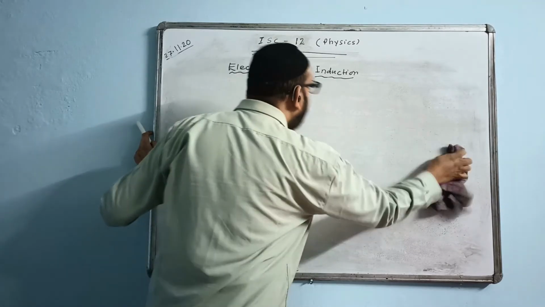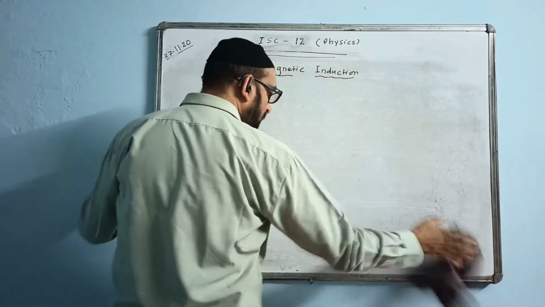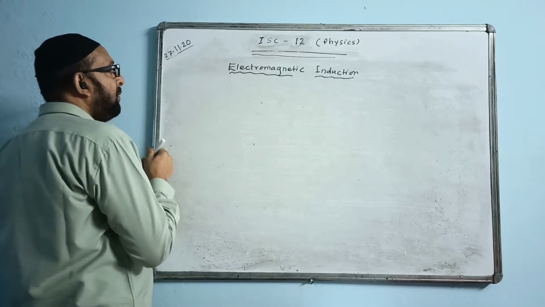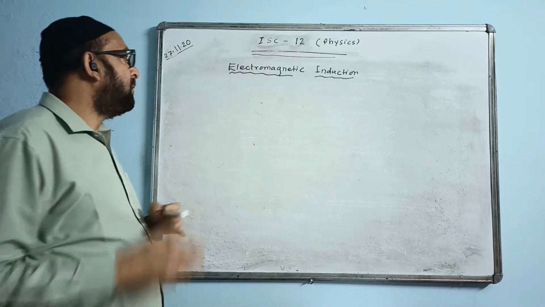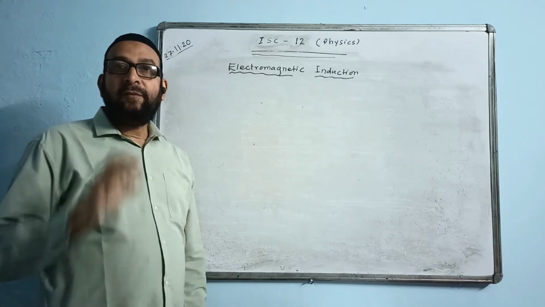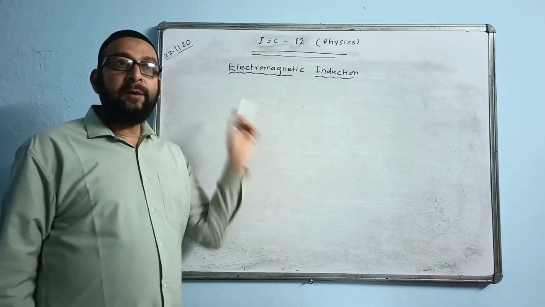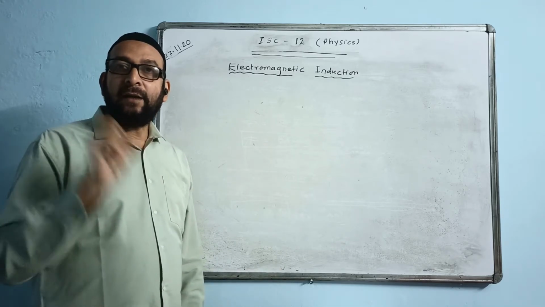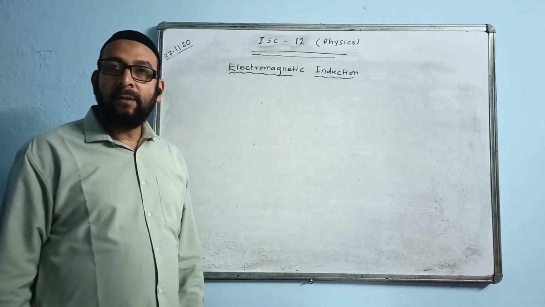Okay, now you can write down the definition of electromagnetic induction. What is the definition? Before that, first you have to learn who invented this phenomenon of electromagnetic induction. The scientist was Faraday, Michael Faraday.